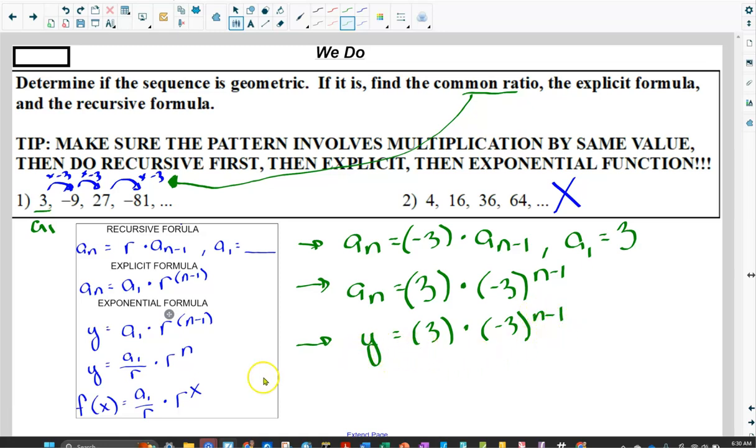Alright, now I'm going to jump to this step. y equals 3 divided by -3, okay, because the common ratio is the -3, times the common ratio, -3, to the n.